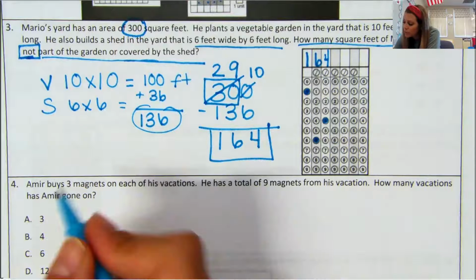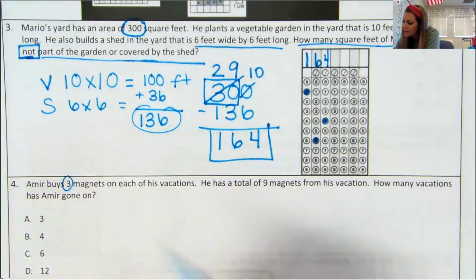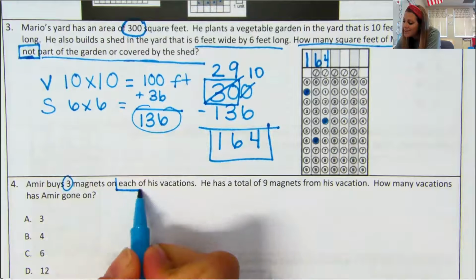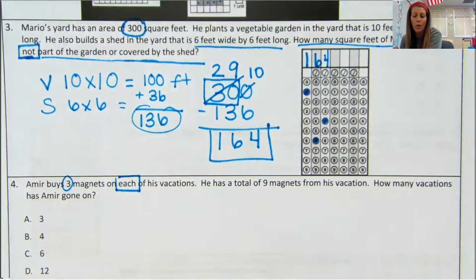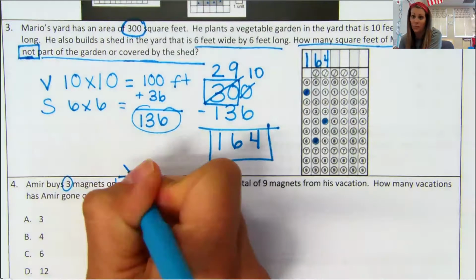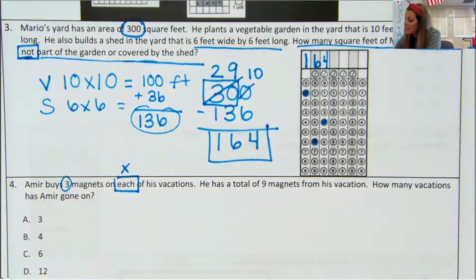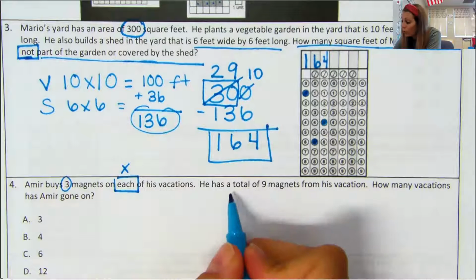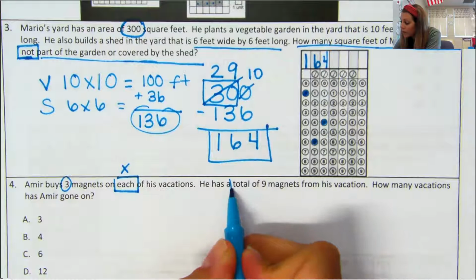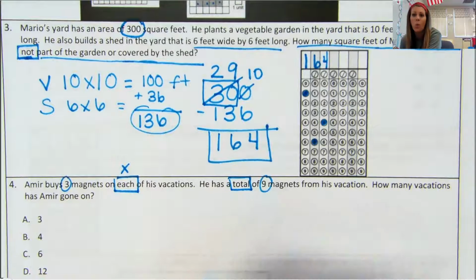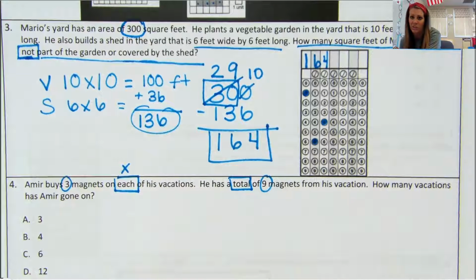So if he buys 3 magnets on each vacation, what does each mean? Multiplication. And he has a total, that's another keyword, of 9 magnets. What would our word problem look like so far?